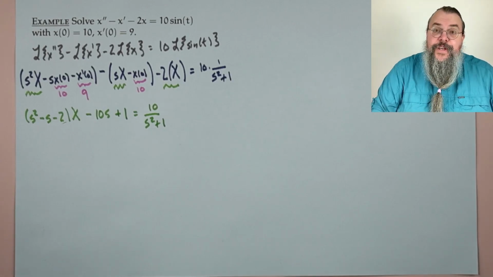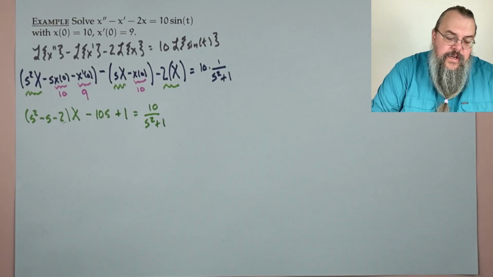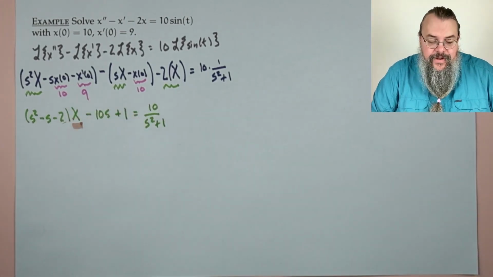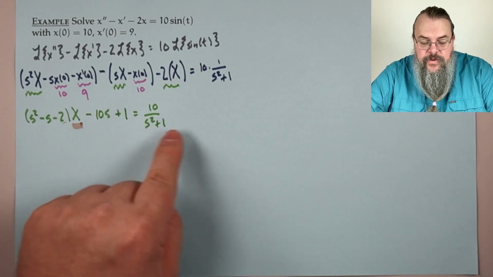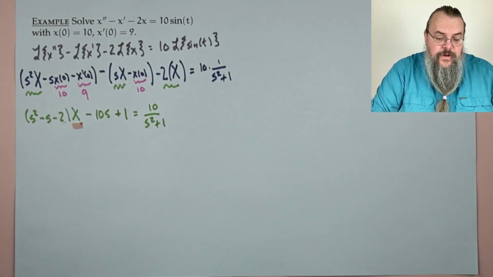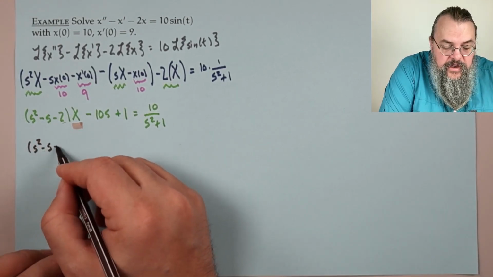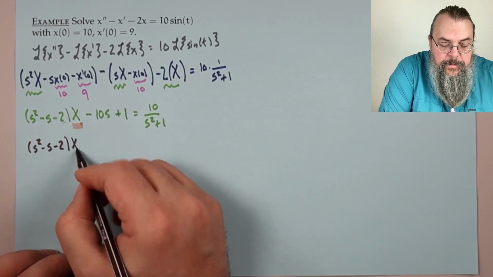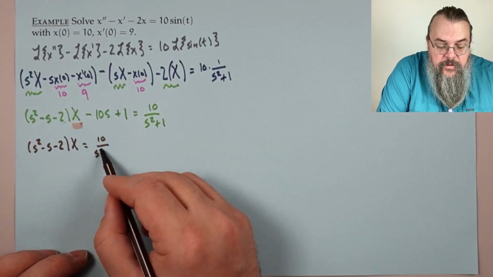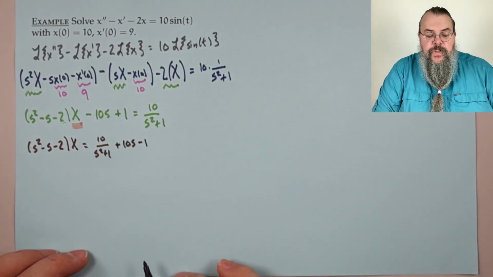Progress, yes, absolutely. And now the goal here is ultimately we're working to solve for x. So we're trying to get that by itself. So let's move the parts not attached to x to the other side. So doing that, we have s squared minus s minus 2 times capital X is equal to 10 over s squared plus 1 plus 10s minus 1.